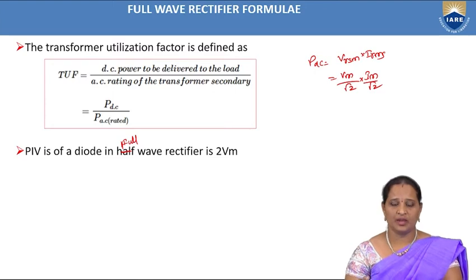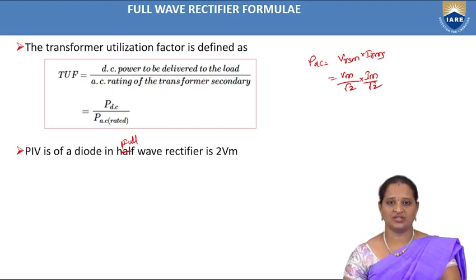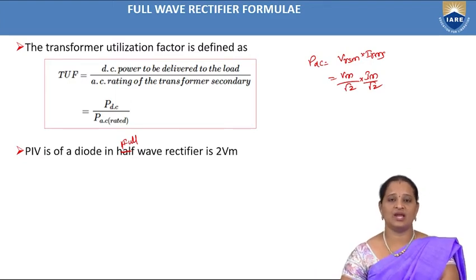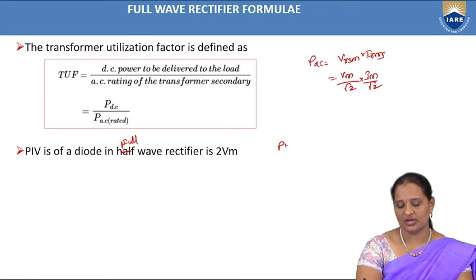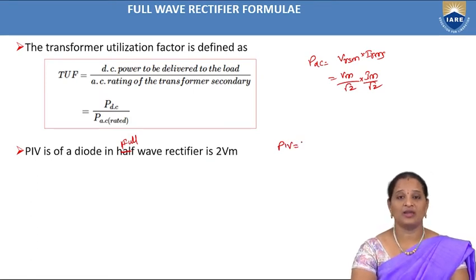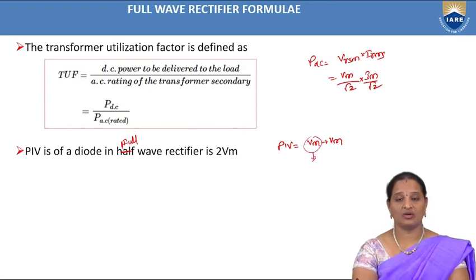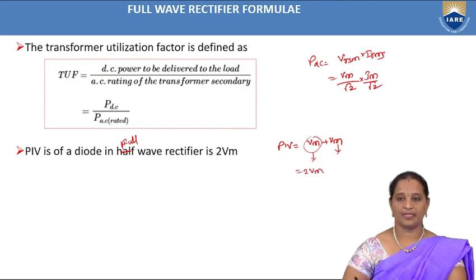The other diode is reverse biased, due to which the entire voltage of the other half of the secondary winding will be dropped across that reverse biased diode. If you apply KVL, the peak inverse voltage, that is the maximum voltage a diode can withstand without damage under reverse bias, will be Vm plus Vm. Vm is the voltage drop across the load plus the voltage drop across the diode which is open circuited. So it is 2 into Vm.